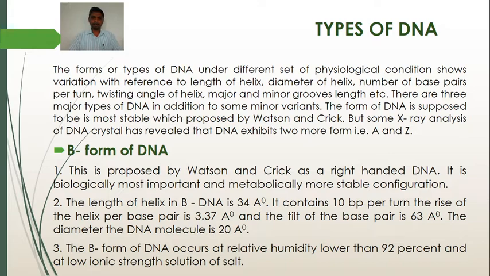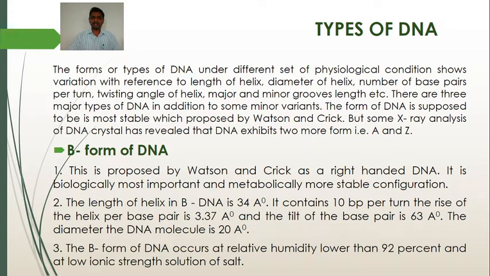So the different forms of the DNA that exist under different physiological conditions show variation with respect to the length of the helix, diameter of the helix, and number of base pairs per turn. Here the B form of the DNA has a length of 34 angstrom.